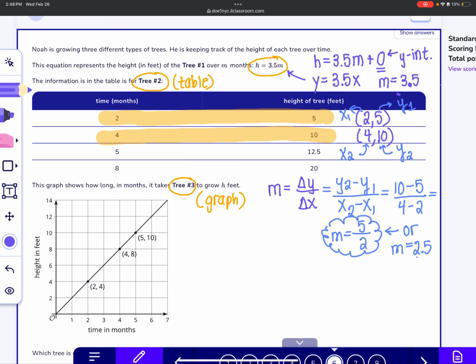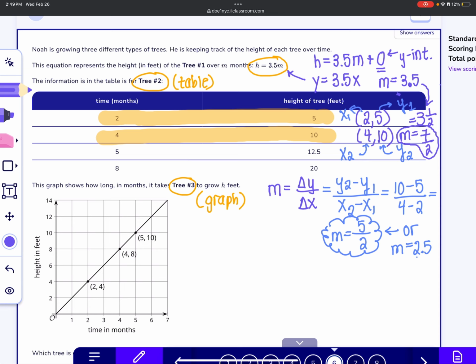To help us compare it as a fraction, I'm actually going to change this 3.5 into a fraction as well. So this is really 3 1/2, and if I wanted to change it into an improper fraction, it's going to be 7 over 2. So I'm going to circle that.